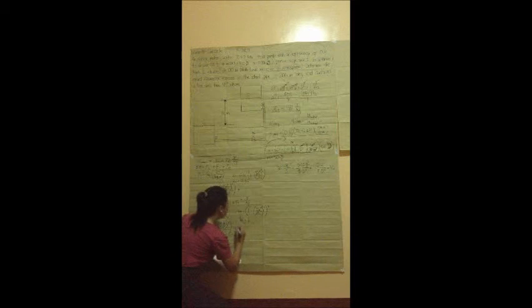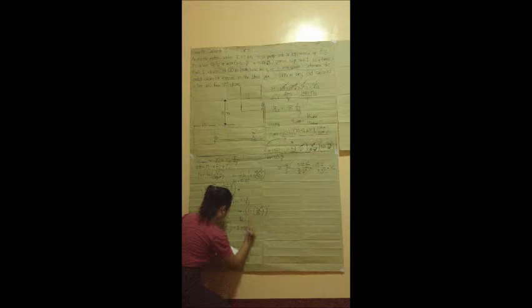Substituting everything again, 1 times 0.2 over pi d squared over 2 times 1, we get 2.0264 times 10 to the negative 3.